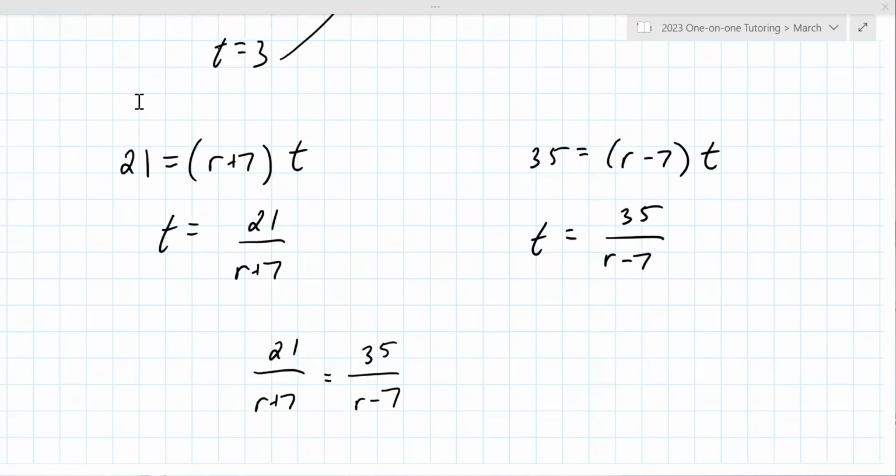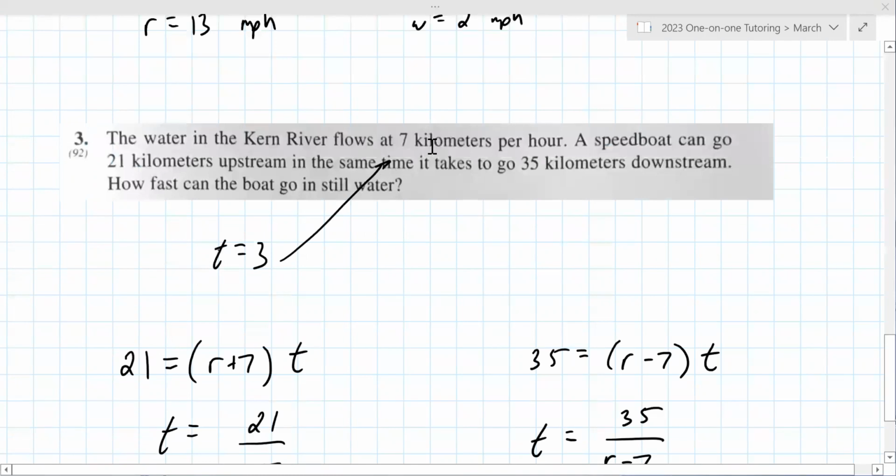Wait a second. I may have given you one here that I did something wrong with. Maybe that's why you had, okay, 7 miles per hour speed. We can go 21 kilometers upstream. Okay, there it is. We've got the wrong numbers here.